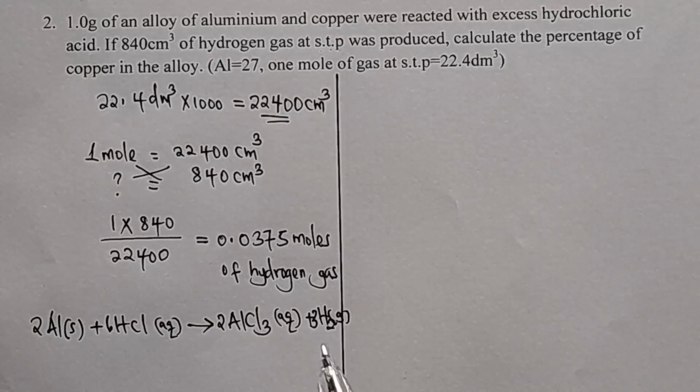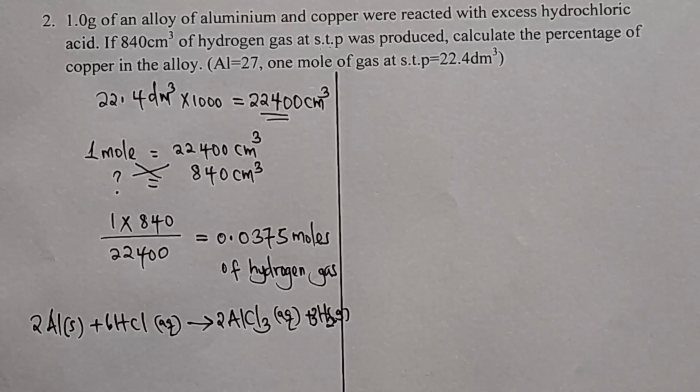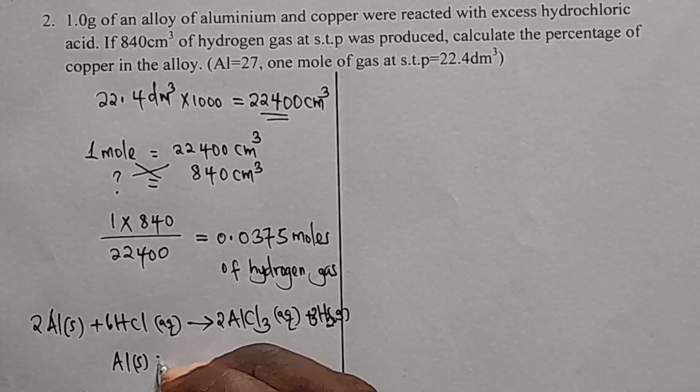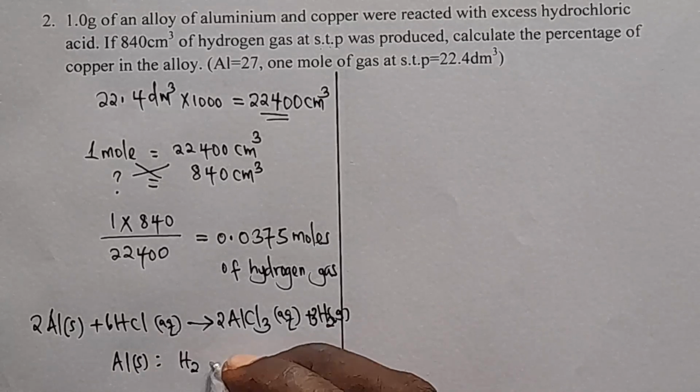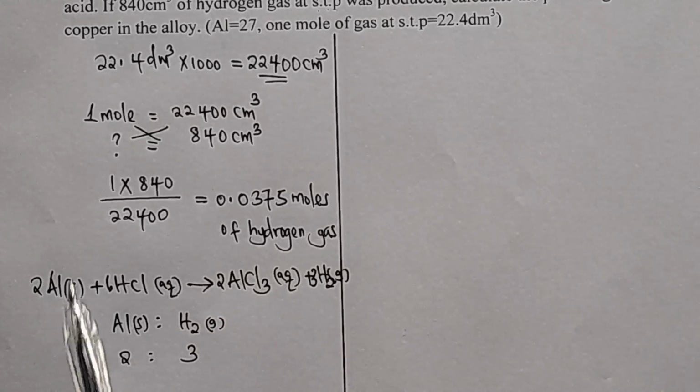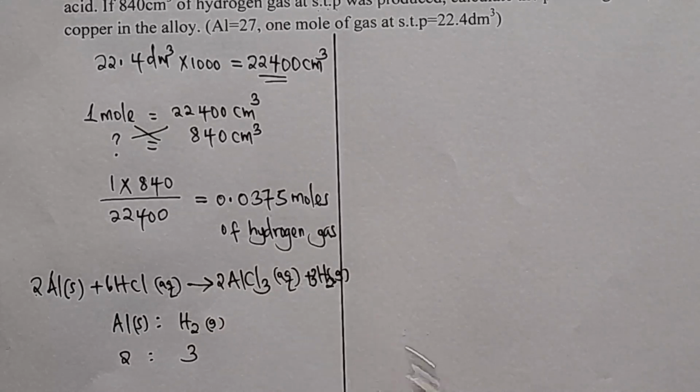So here, we have to look for the moles of aluminum. So let's relate or get the mole ratio by having aluminum solid ratio hydrogen gas. So the mole ratio there is 2:3, because we have 2 in the side of aluminum and we're having 3 in the side of hydrogen gas.